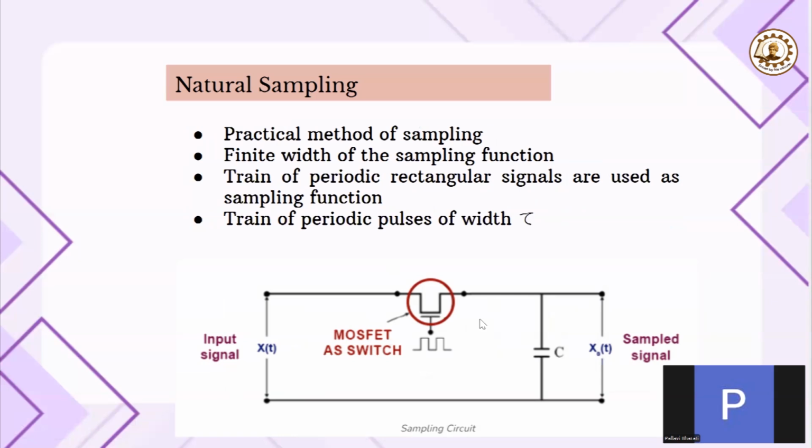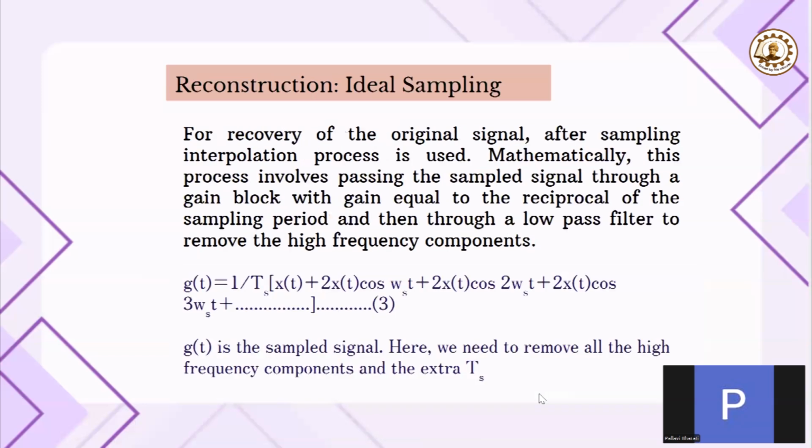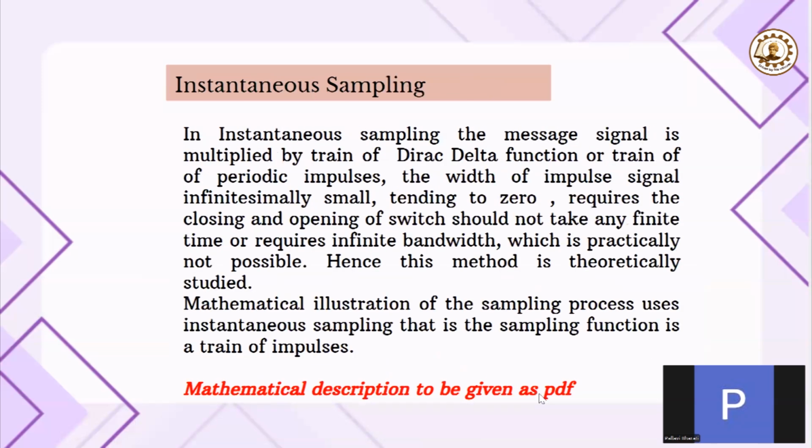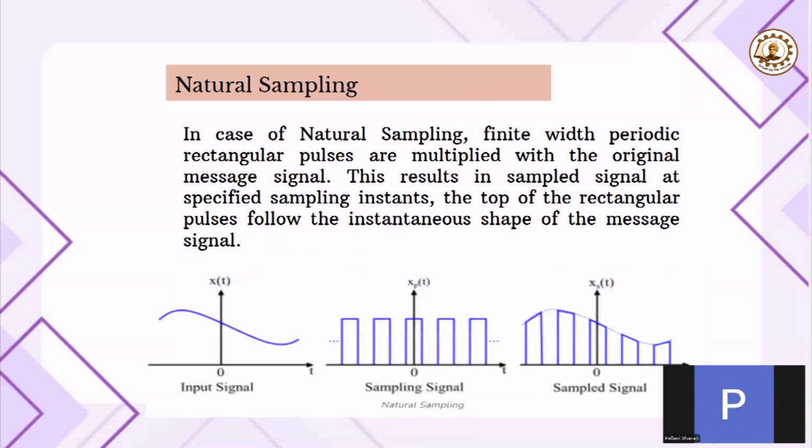Then we use a switch. The switch can be any device, MOSFET or transistor. MOSFET is a good switch. So we take the MOSFET and then put a capacitor. The charging and discharging of the capacitor is decided by the switch. For the duration for which the switch is on, the capacitor is getting charged and it is sampling. And after that, it is taking the shape of the message signal.